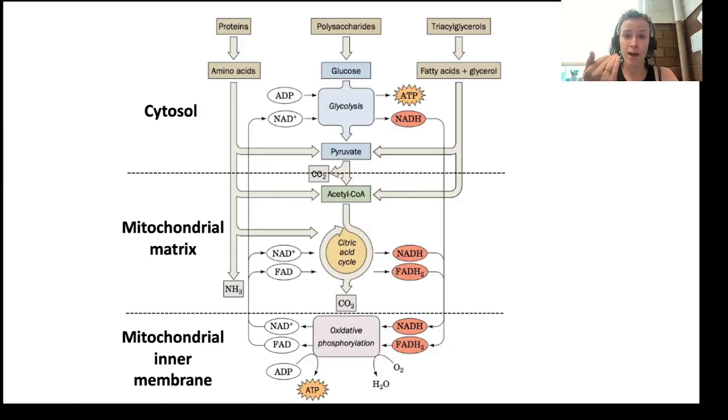As we move on to the citric acid cycle, that's now happening in the mitochondrial matrix, a different space. And then, even slightly different, the mitochondrial inner membrane is going to house most of the complexes of the electron transport chain, and that's where ATP synthesis happens as well. This separation of metabolism is important for its regulation. So let's talk about that today.